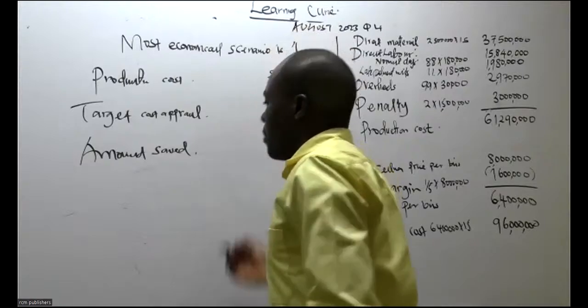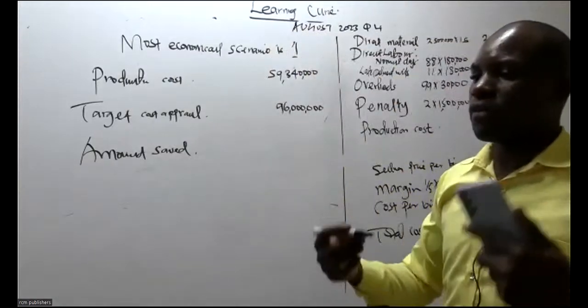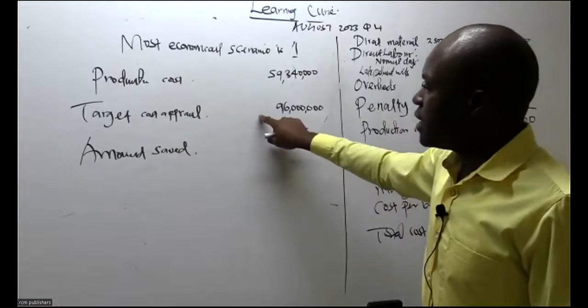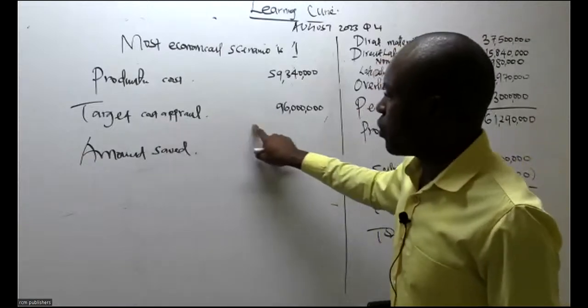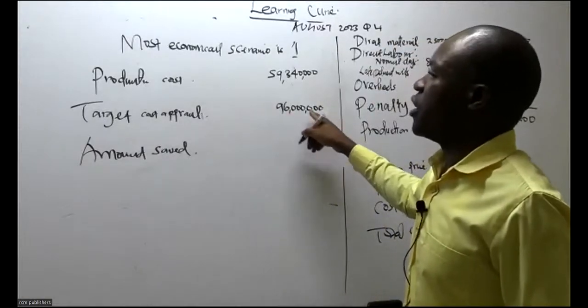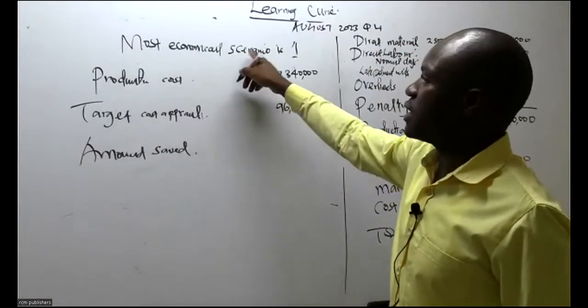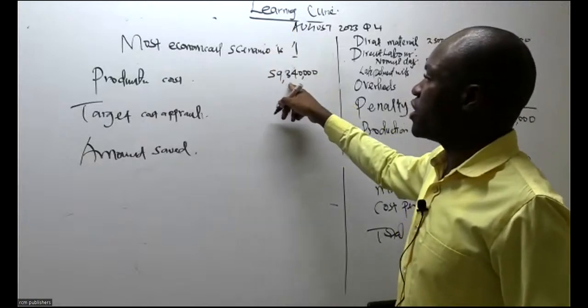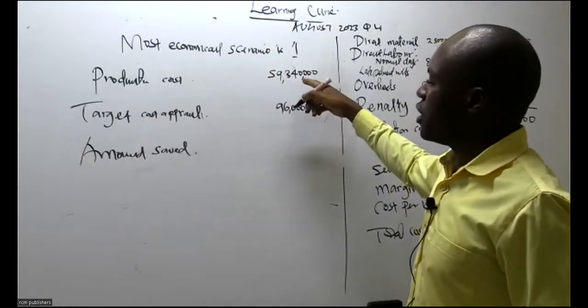Now, as a company, you are trying to minimize cost of production. The target cost approach is telling you that you are supposed to spend 96 million. But under the scenarios, you are only spending 59,340,000. So there's a benefit.